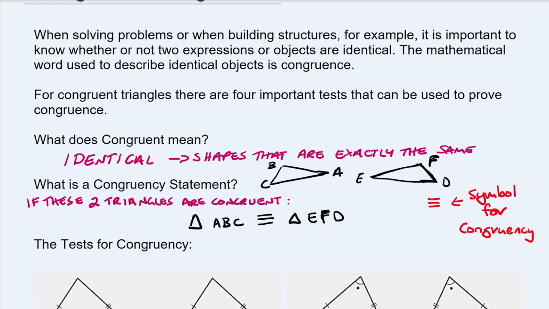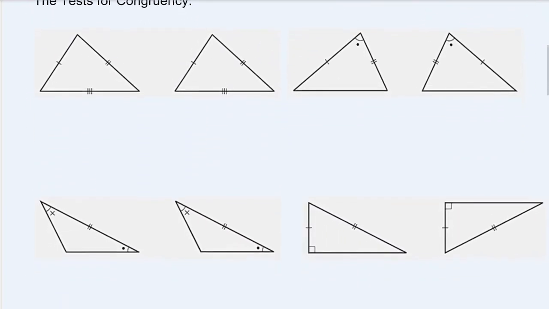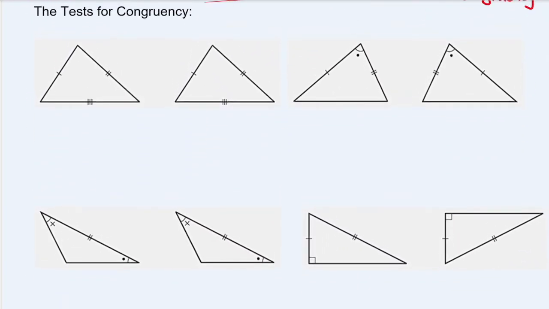Let's jump into the tests now. So here's our statement. The tests we're going to look at will lead you to be able to make those statements. There are four to be done. Let's look at the first one.